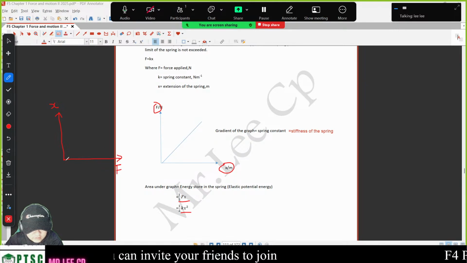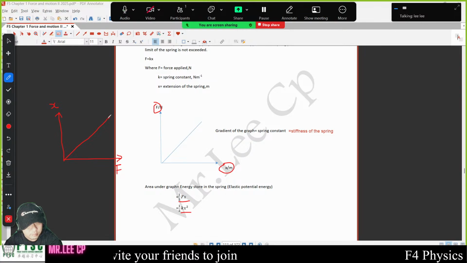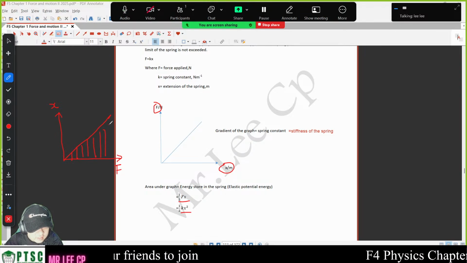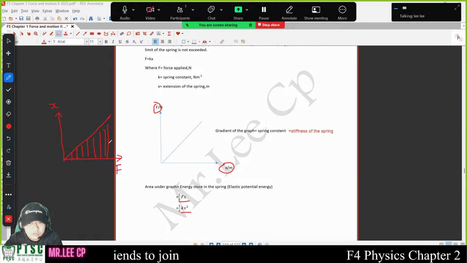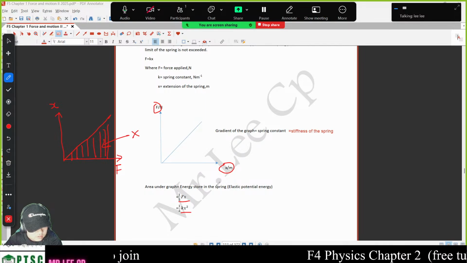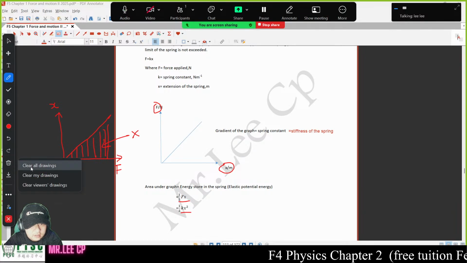It is also directly proportional, but the area under the graph here is not the energy. You need to understand the area here is not the energy stored in the spring.